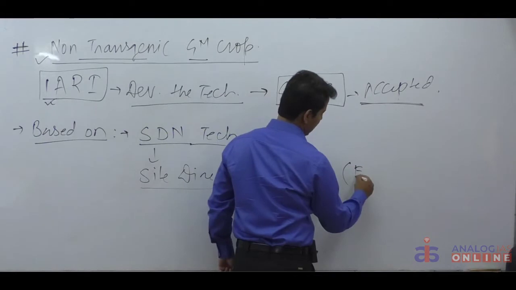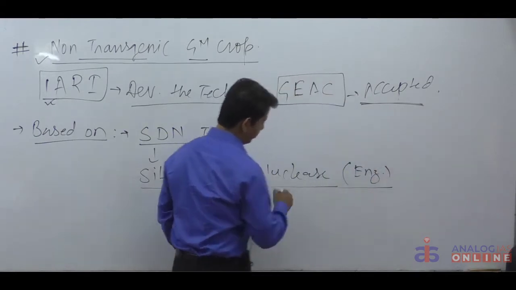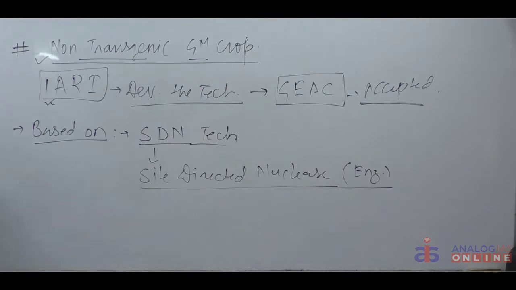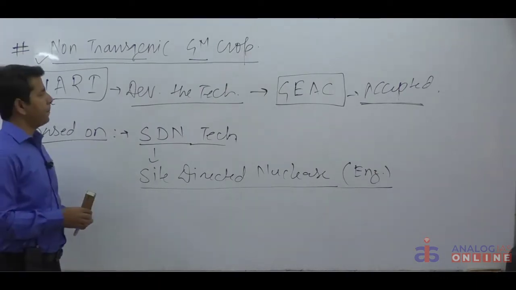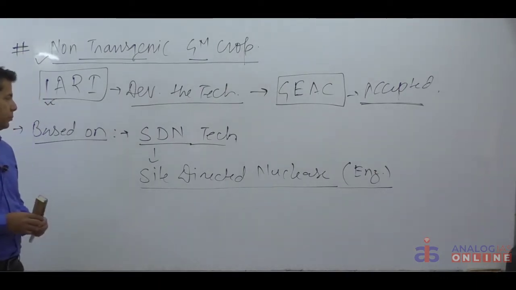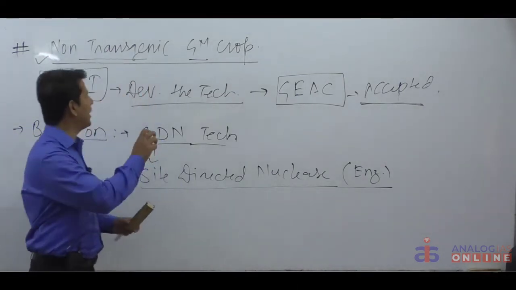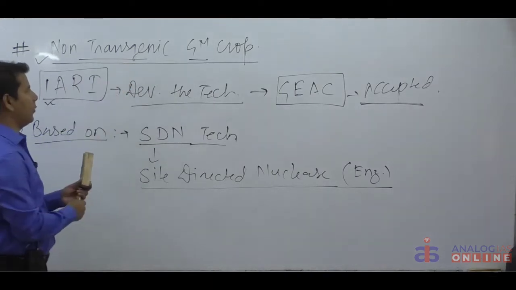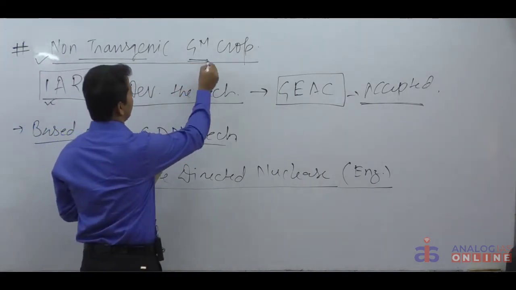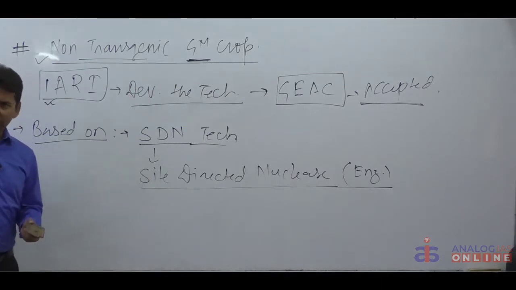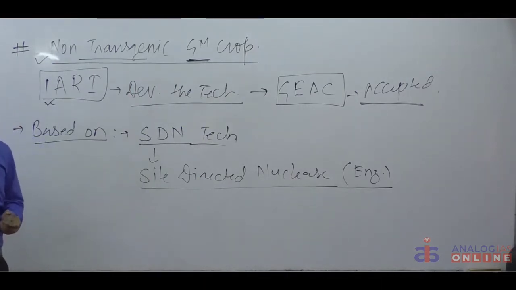This is basically an enzyme, right? Site directed nuclease. Now we have to break this word, non-transgenic GM crop. We know genetically modified. Genetically modified means you make any change in genetics, that is called genetic modification.